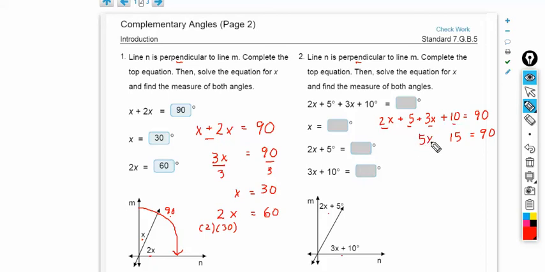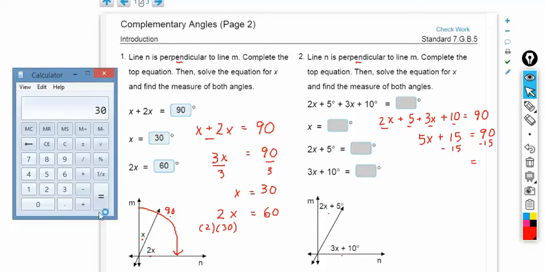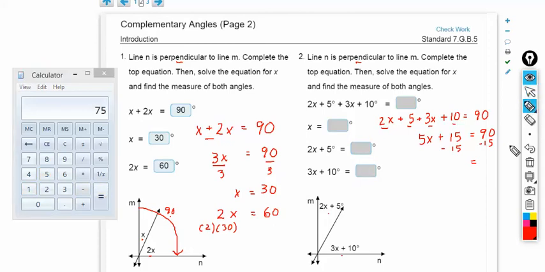So we have 5x plus 15 equals 90. Next we subtract 15 from both sides and drop everything down. 90 minus 15 is 75. This cancels, leaving us with 5x.